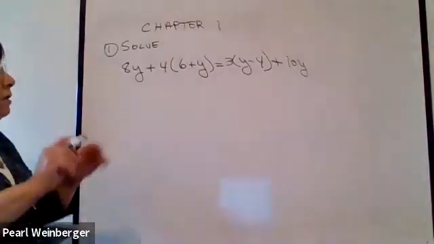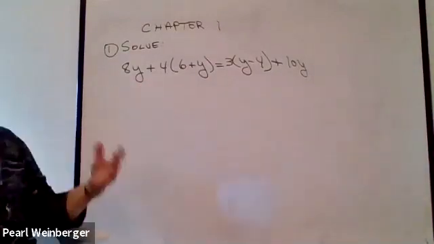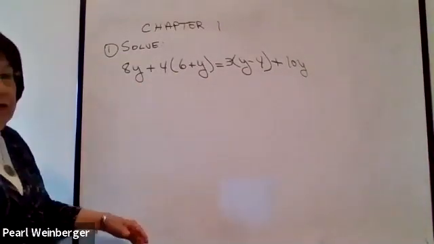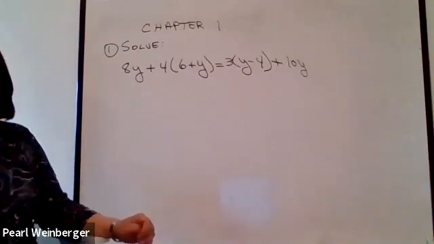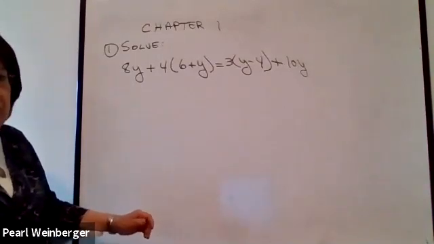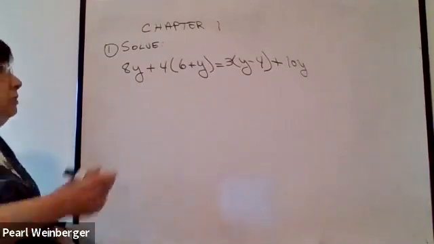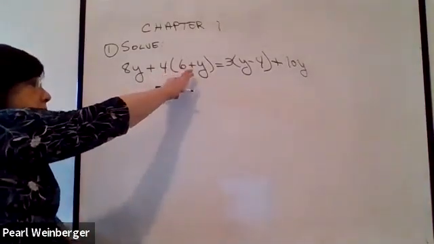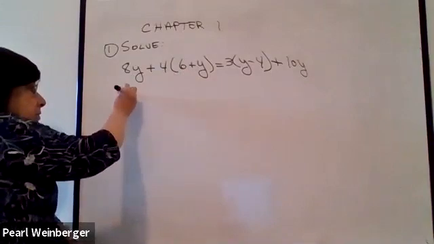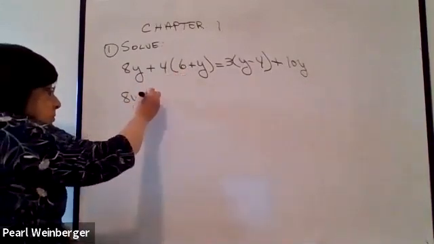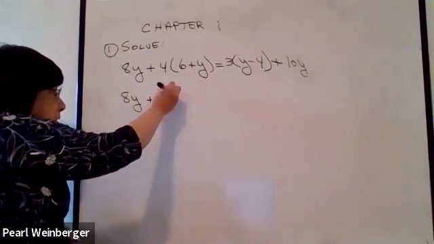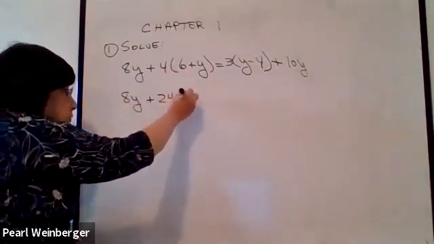So let's get started. Remember, when we're solving a linear equation, the first thing we want to do is remove our parentheses if we see any, and of course there are parentheses, so we use the distributive property. We leave this 8y, and here we do 4 times 6 is 24, and 4 times y is 4y.